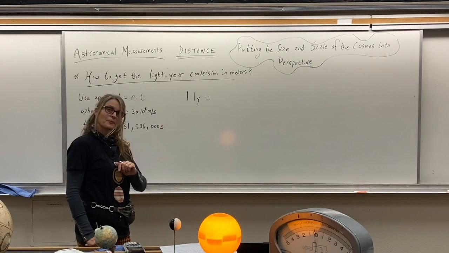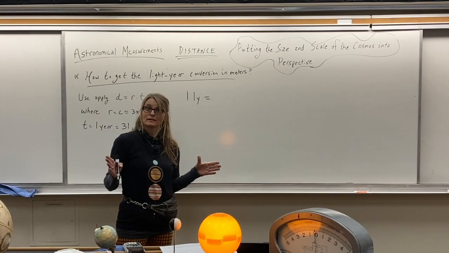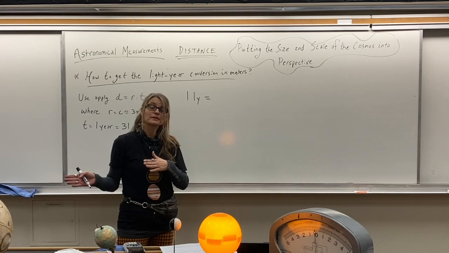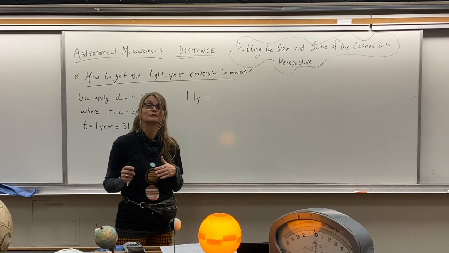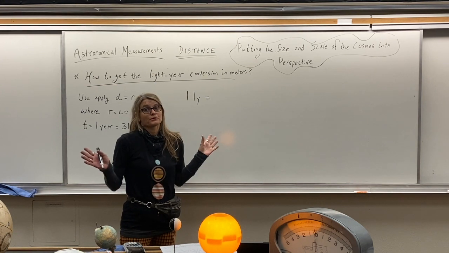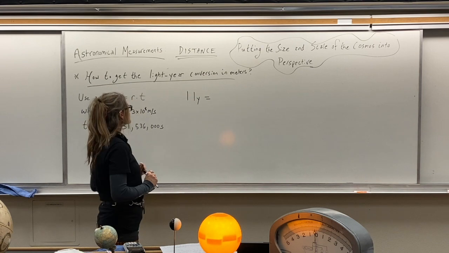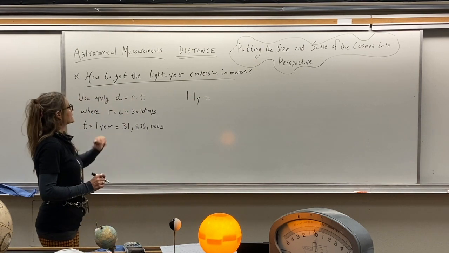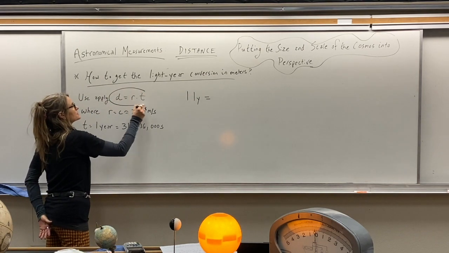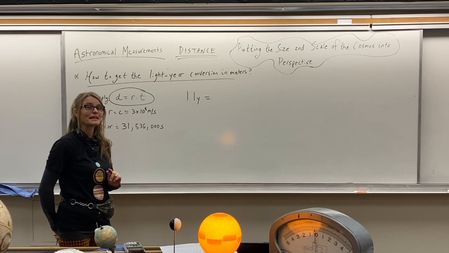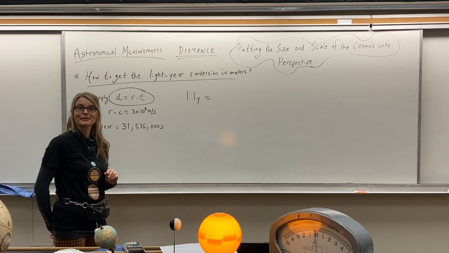Okay, so we could use that light year meter conversion to do most light year to meter conversions, light year to kilometer conversions. However, if perchance you don't have that conversion on you, you can always derive it. And the idea is to use the relationship distance equals rate times time to figure out what the meter equivalent to a light year is.